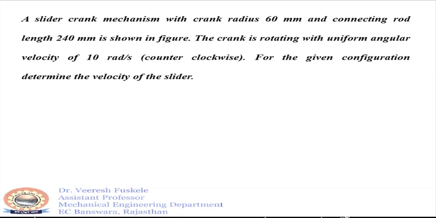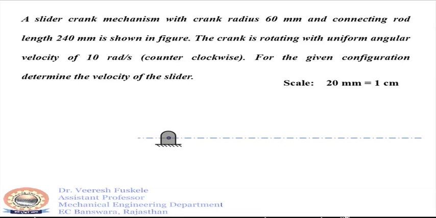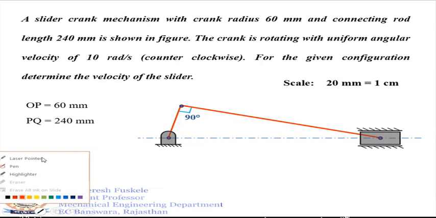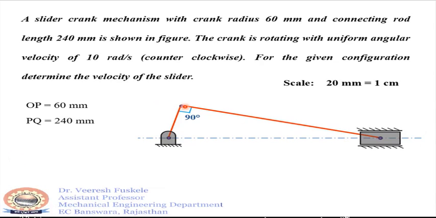So first we draw the configuration diagram, and for that we take up a scale as 20 mm will be represented by 1 centimeter. So we draw the configuration diagram. We take the point, fixed point O. Through that we draw the crank OP of 60 mm, that is 3 centimeter, and from point P we draw a line which will be representing the connecting rod, and it will be of 240 mm, that is 12 centimeter.